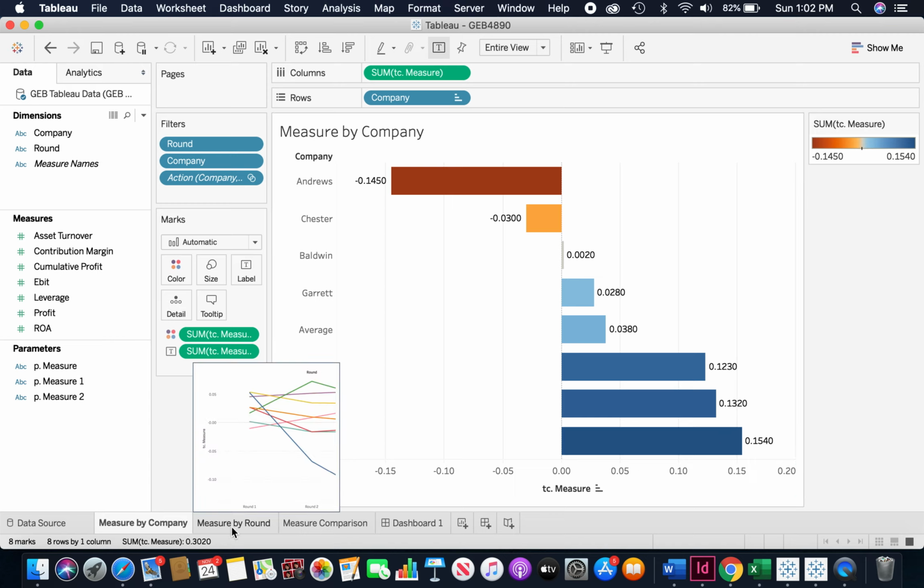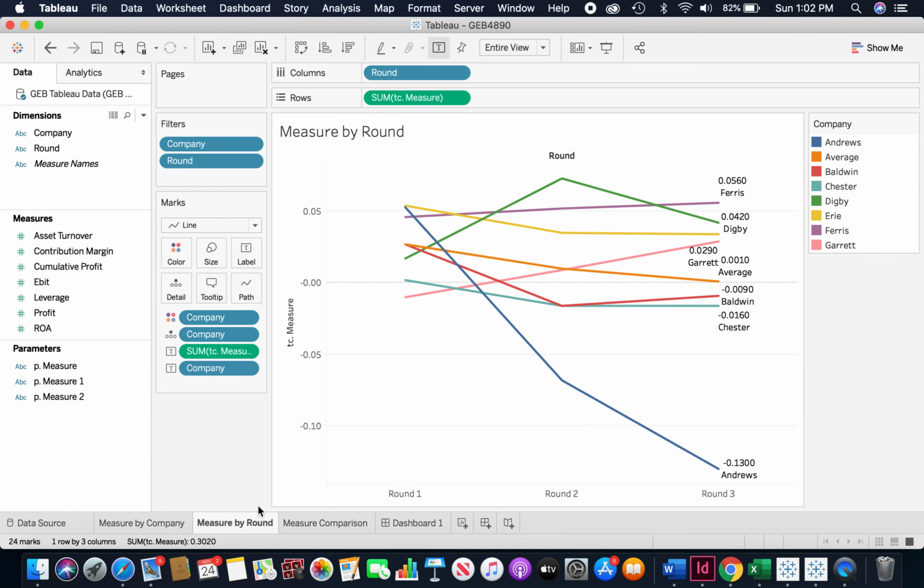Now in the next sheet, we're going to see the differences by each round that has taken place. As you can tell, for each team, it looks like everyone is pretty much staying stable. For the most part, each company is staying in the same area, and certain companies are slightly moving up. Ferris is still in the lead because they are at a constant growth point.